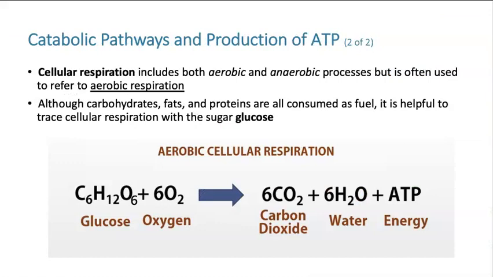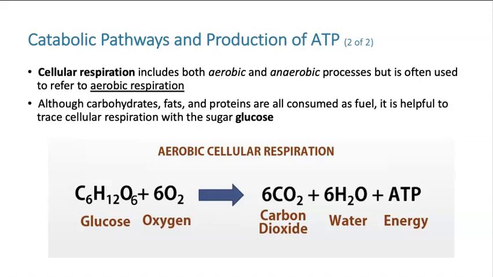So we could think about cellular respiration as including both aerobic and anaerobic processes. And that's true. They do have both processes that require oxygen and other processes that don't require oxygen. But in general, because with aerobic cellular respiration, the final electron acceptor is oxygen, oxygen is essential for this pathway, and so we call it aerobic cellular respiration, and that's the one we're going to be focusing on today.